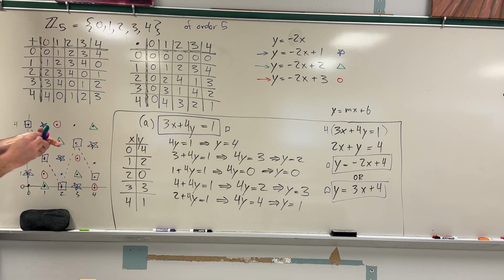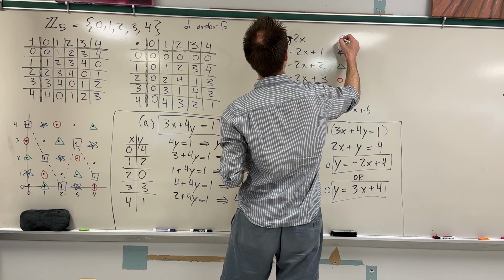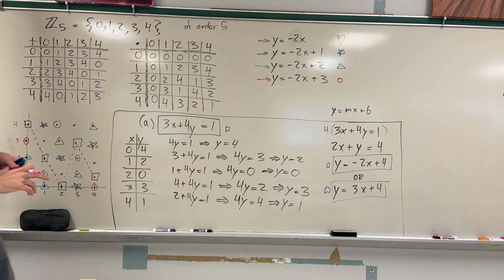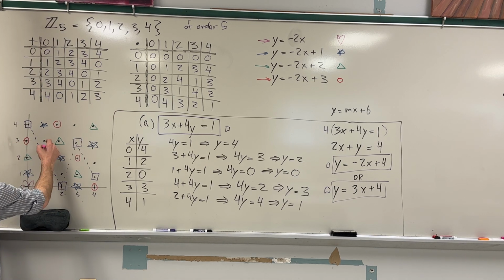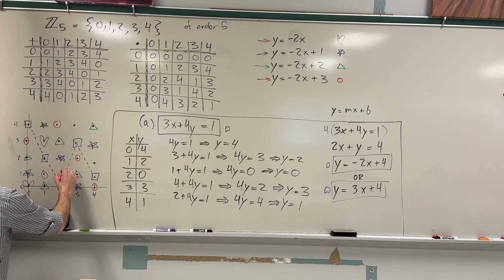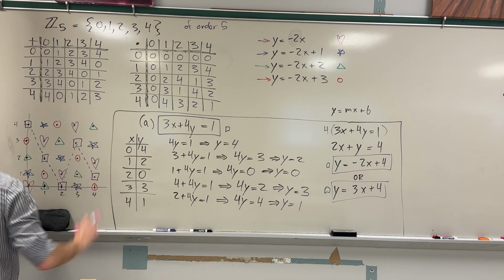So finally, I will make a little pink heart for the line y equals negative 2x, which is the line with slope negative 2, also known as slope 3, and y-intercept 0, so it looks like this.